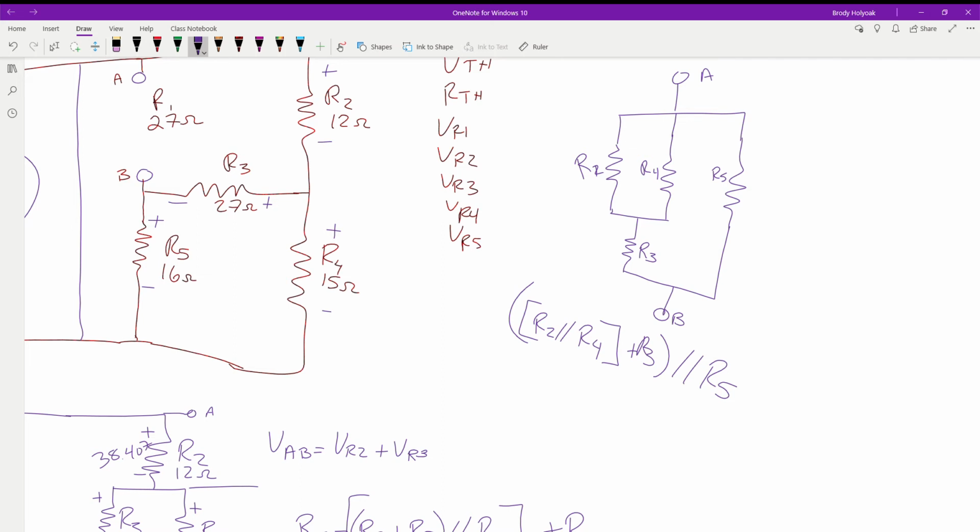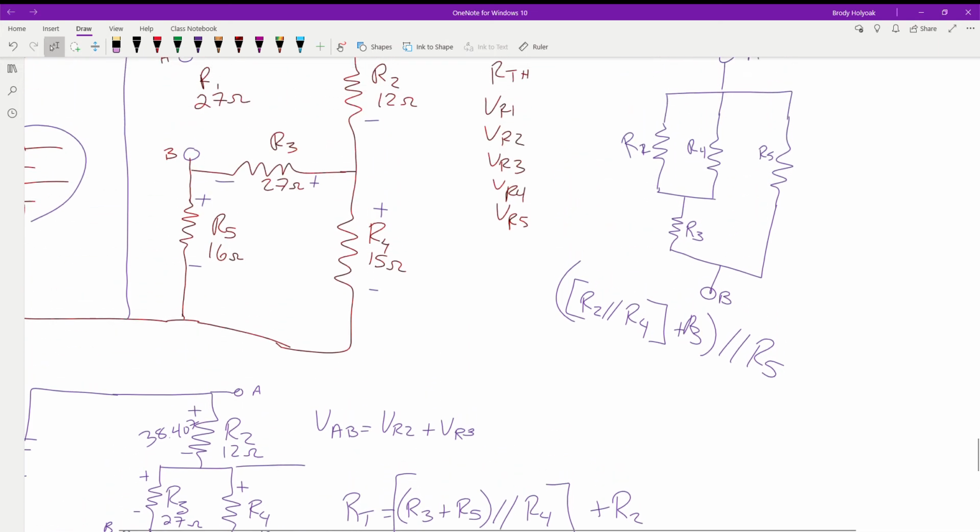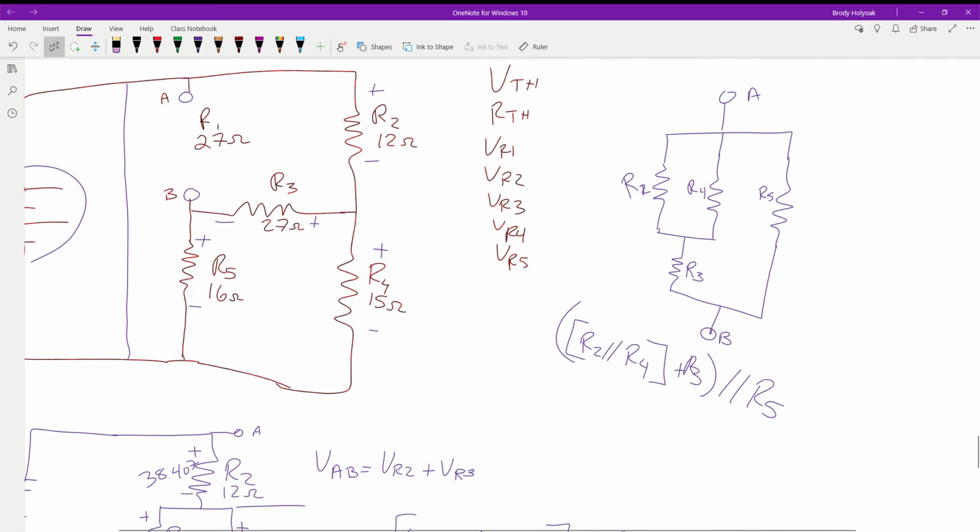Questions about how we got there? You look confused, Zach. We redrew the circuit to solve for voltage. Now we're doing it for resistance. Where did we lose you?